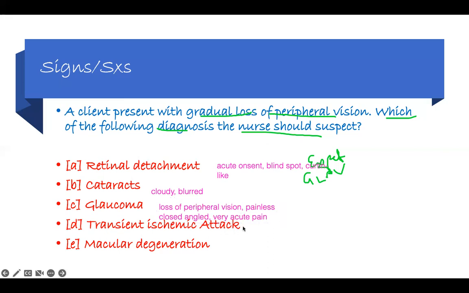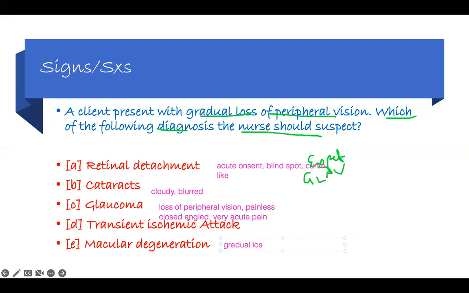Then TIA is basically like a mini stroke. Slight vision and neurological changes, you become blind, dizzy, and then you had a mini stroke, basically a transient ischemic attack. This does not say that. Gradual loss of peripheral vision. And macular degeneration, that's what they use to confuse you, because that one is not peripheral, even though it is gradual.